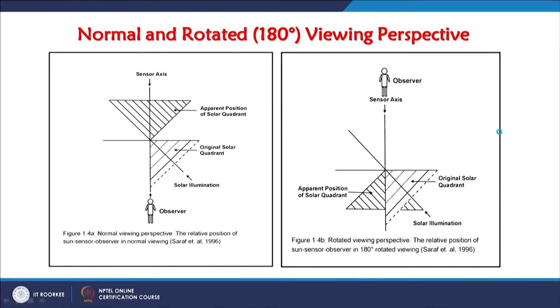Now, as I have been mentioning, when the observer and the solar illumination are in the same hemisphere, that is the southern hemisphere, then we are bound to see FTPP.